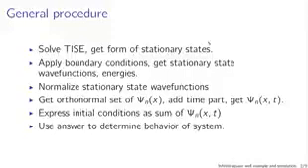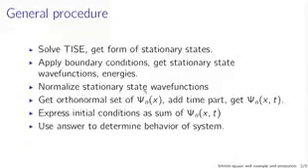So, the general procedure that we've followed or will be following in this lecture is, once we've solved the time-independent Schrödinger equation, we get the form of the stationary states. Knowing the boundary conditions, we get the actual stationary state wave functions and their energies. These can then be normalized to get true stationary state wave functions that we can actually use.